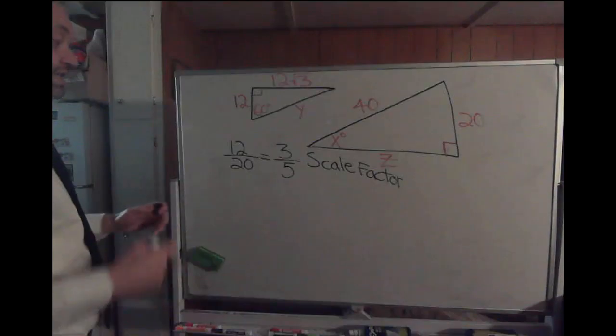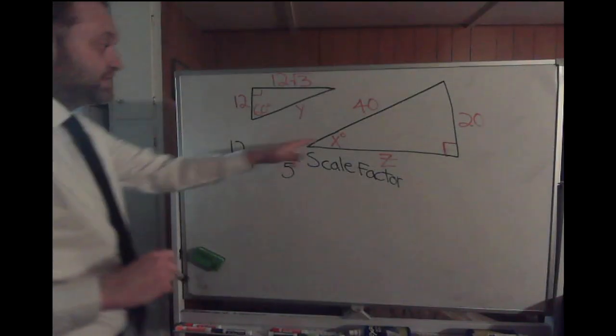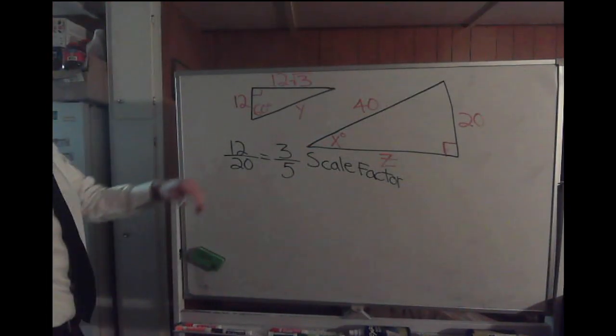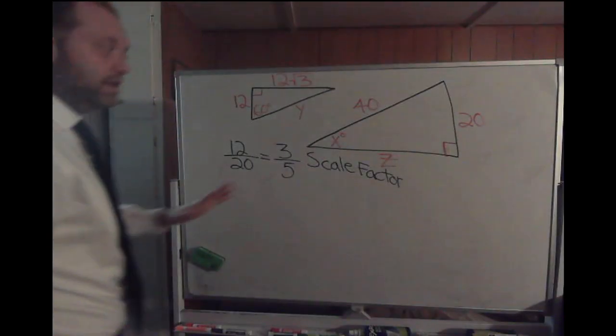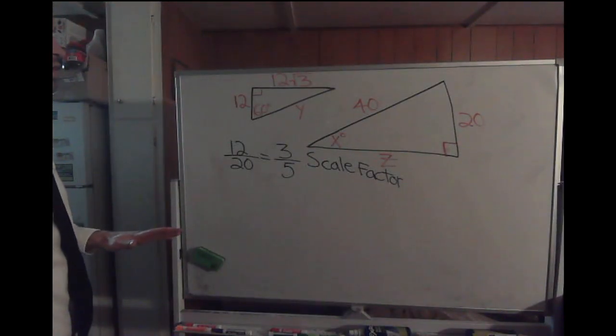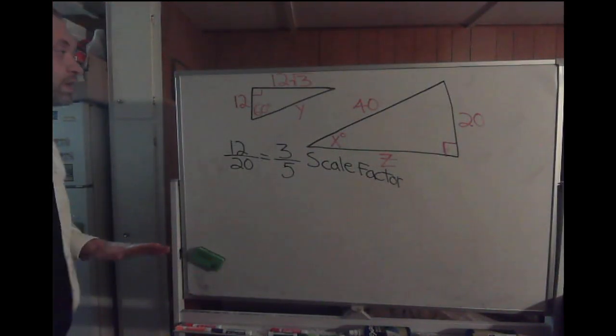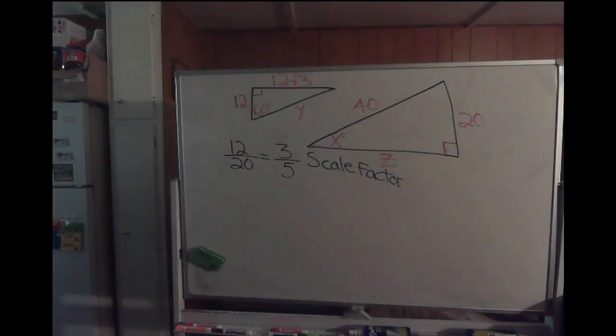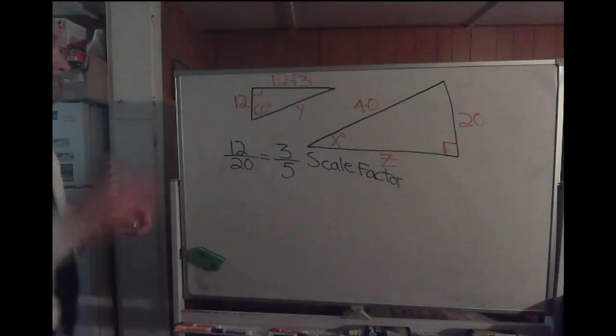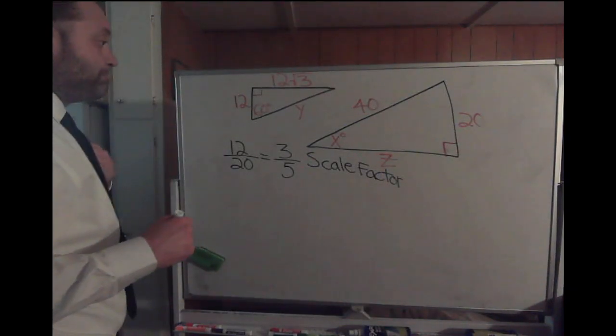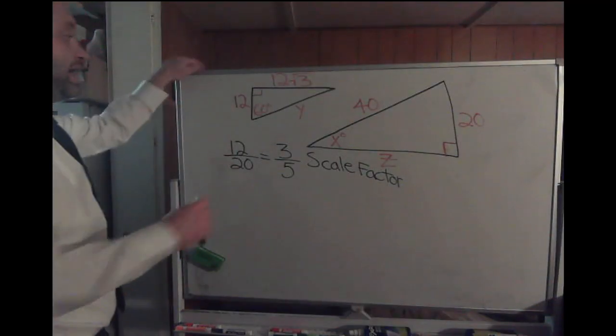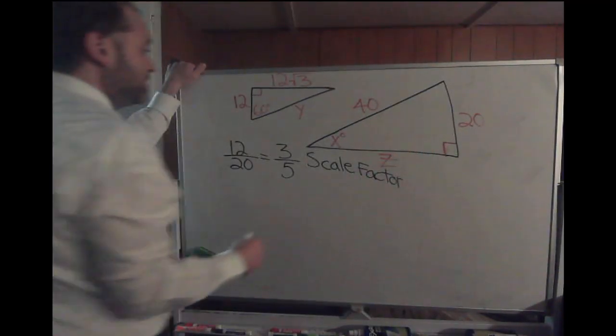So now let's find x. X is a degree measure, right? You can see that one triangle's flipped from the other. So basically here we have the 90-degree angles.